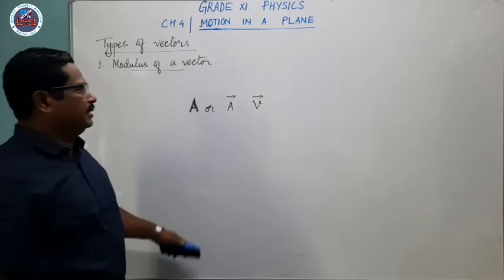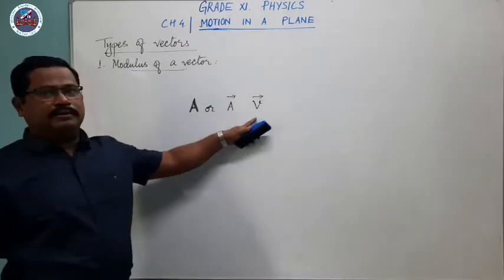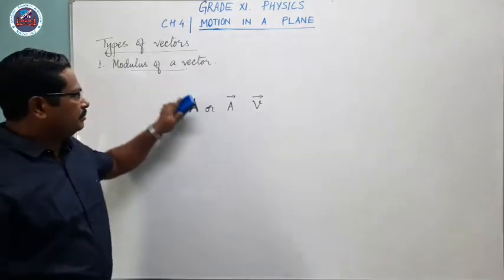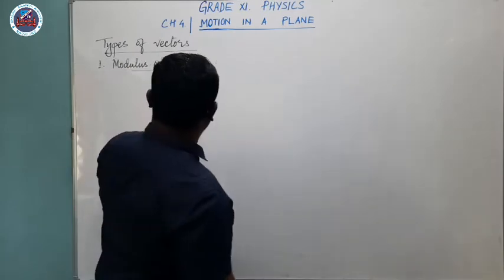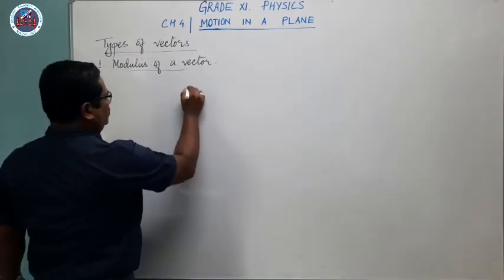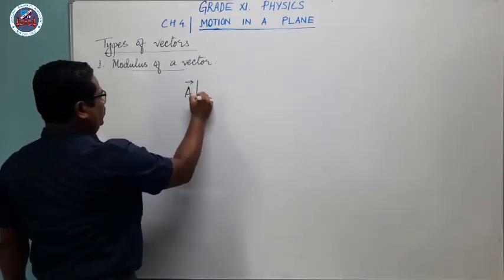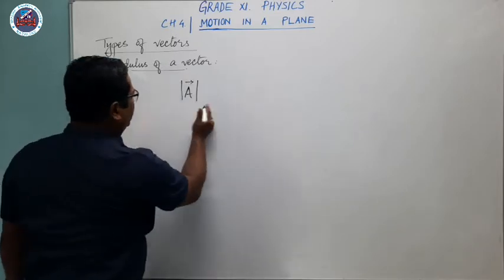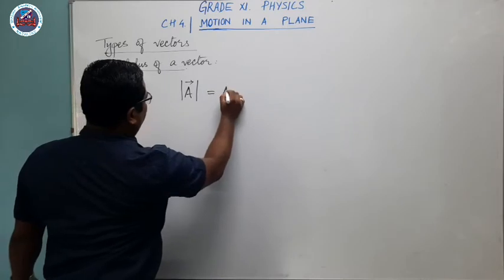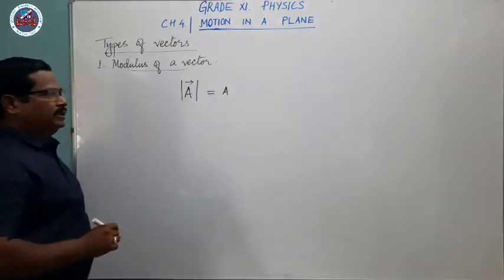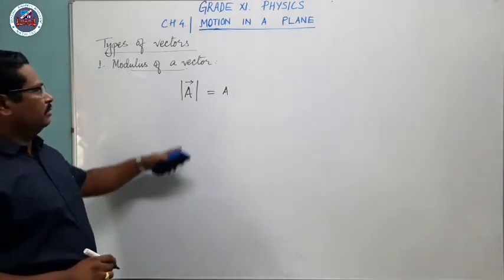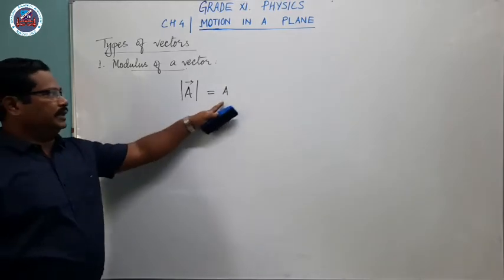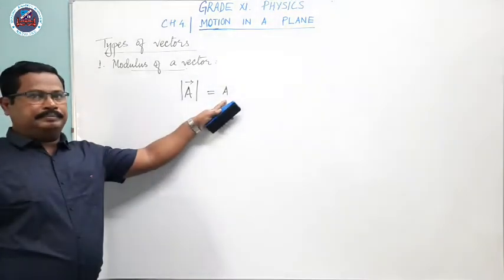Then you should understand that this is a vector quantity. Now the modulus of a vector: if I place parallel bars around the vector, we can write it simply as a scalar quantity. This is called the modulus of the vector, and we write it as A.